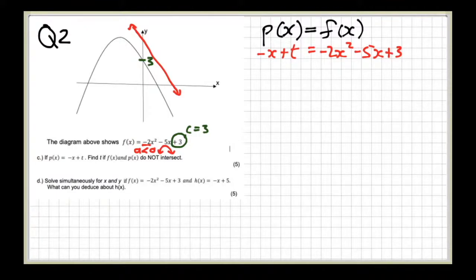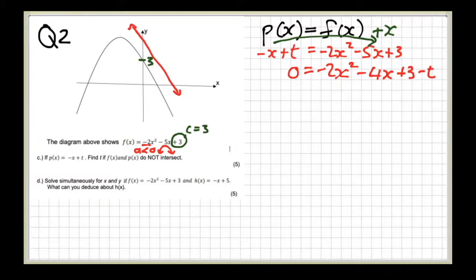In other words, let's get it into standard form. Negative 2x squared minus 5x. Well, I'm going to take that negative x over and it becomes positive x, which means I am going to be sitting with negative 4x. And I'm going to take the plus t over as well, and it's going to become negative t.